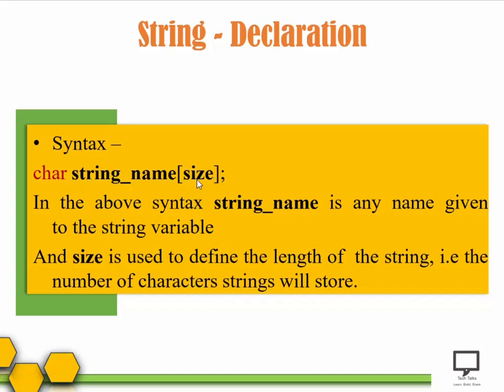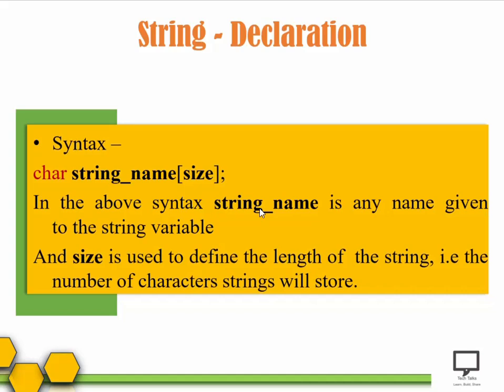If we compare this declaration with an array declaration of type integer, float or anything else, it is just the same. Here, instead of integer, the data type is character. Name of the array, here we can give the name of the string along with the size. Everything is the same. The only difference is that instead of integer, we have to use the data type character.